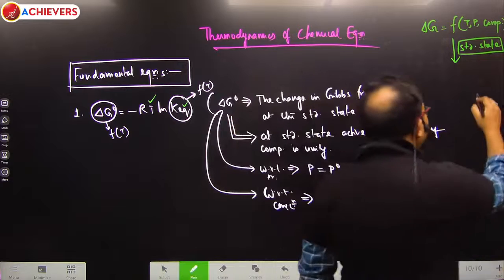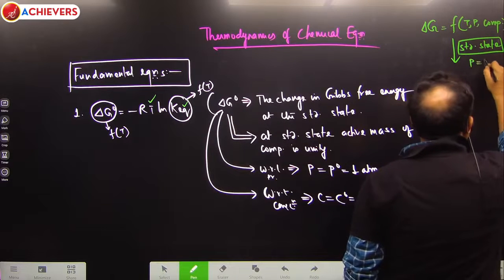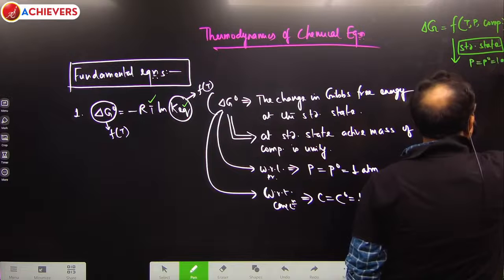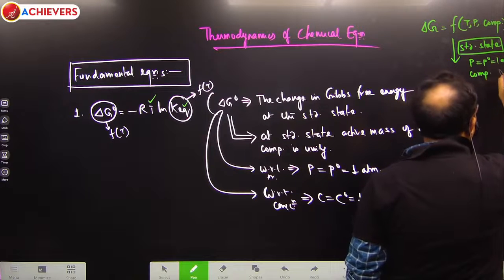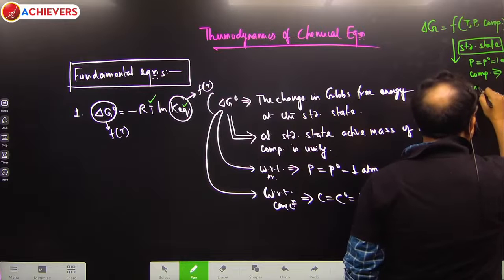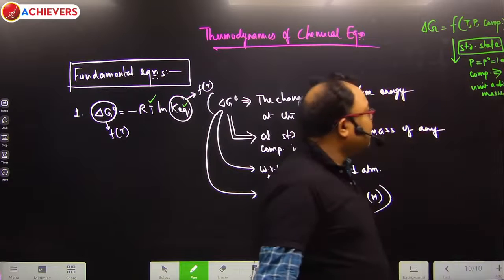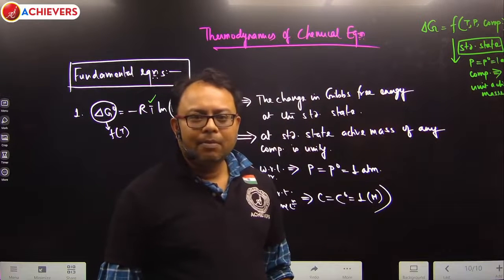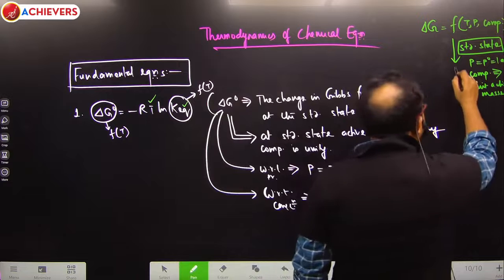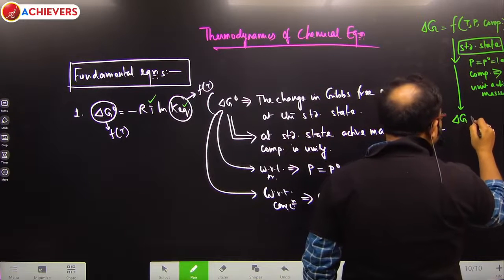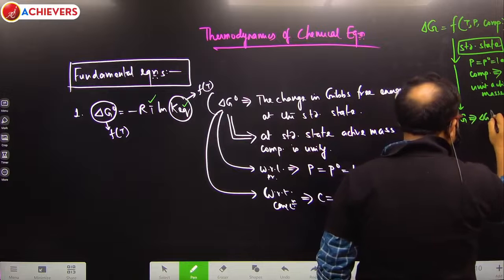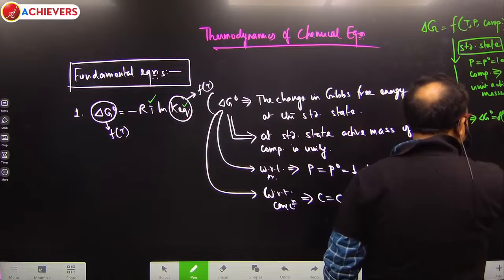At standard state, P is equal to P naught equal to 1 atmosphere. The compositions refer to unit active masses. That makes delta G, which is now equal to delta G naught, a function of temperature only.